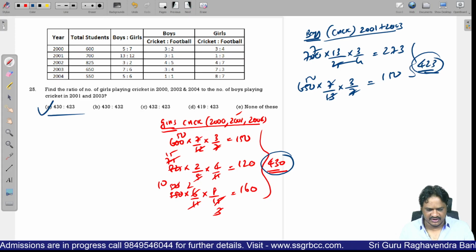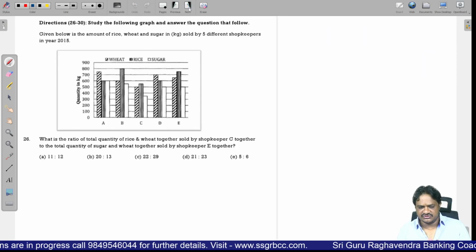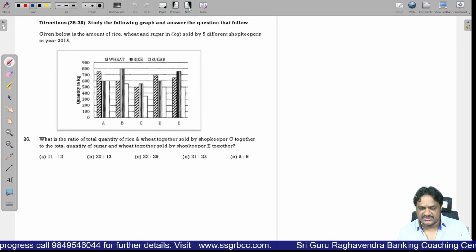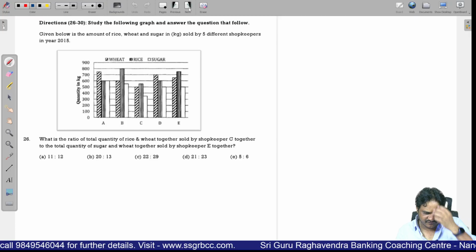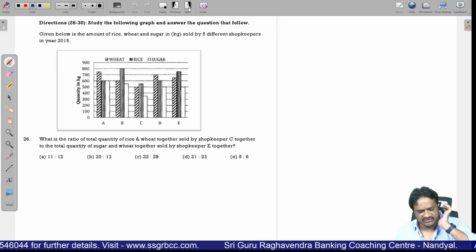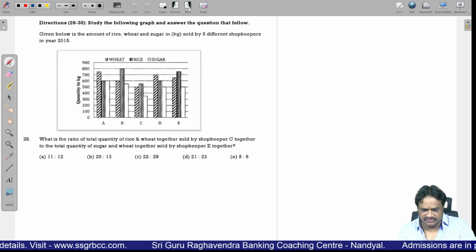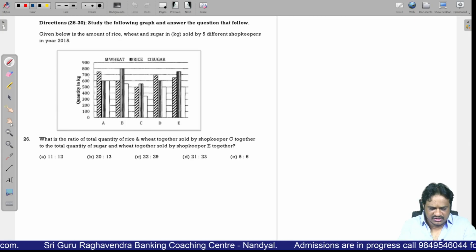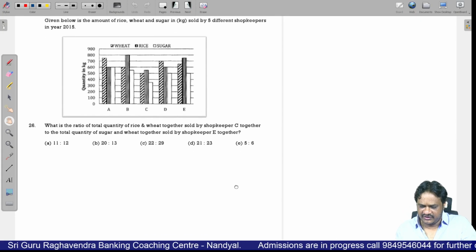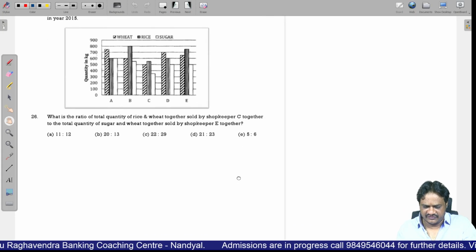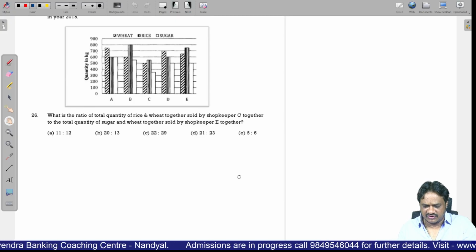Option 1. Let us see 26 to 30. Study the following graph carefully to answer the given questions. Here we are given one bar diagram. Given below is the amount of rice, wheat and sugar sold by 5 different shopkeepers in the year 2015. Based on this, you have to answer the questions.